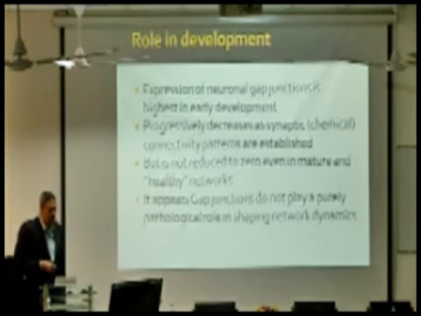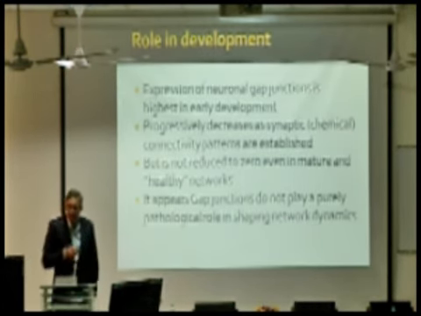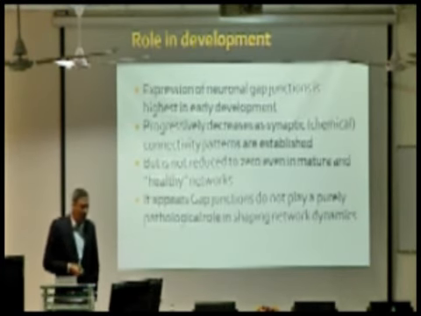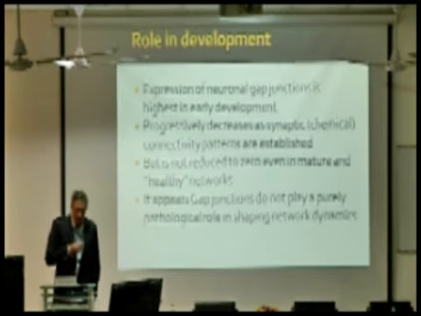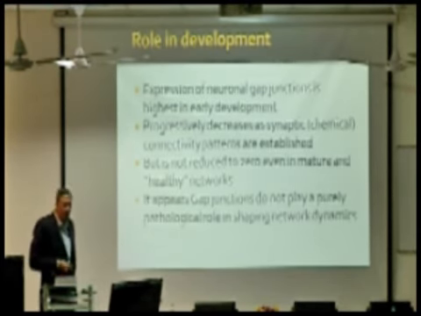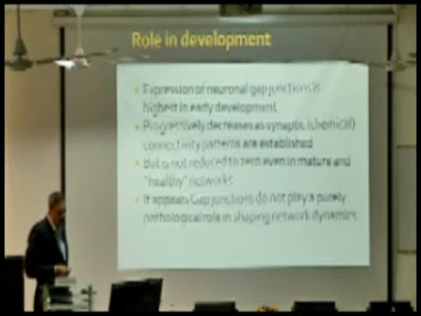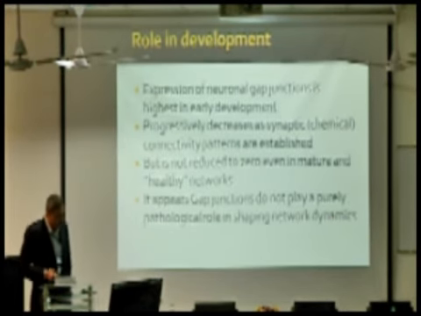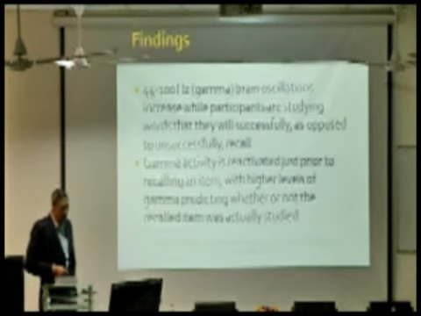But it's not reduced to zero even in mature and healthy networks, and that is why the consciousness concept of using electrical synapses is being studied, because they are also occurring in adults as well. But they have an important role in the development part. It appears that the gap junctions do not play a purely pathological role in shaping the network dynamics. They also probably play a role in consciousness, which Professor Hameroff has been talking about.